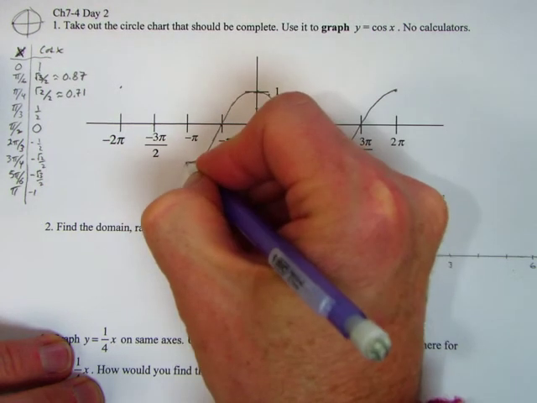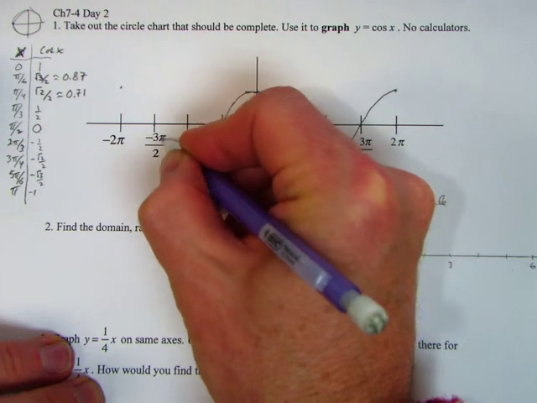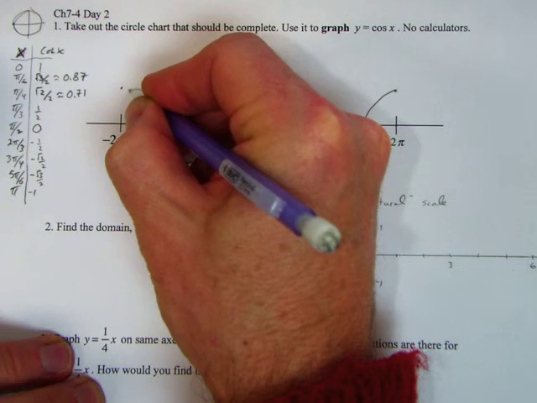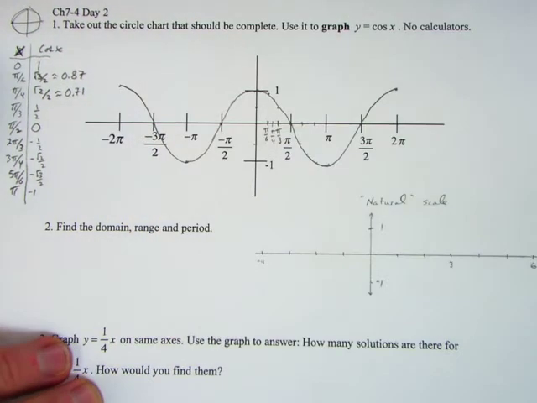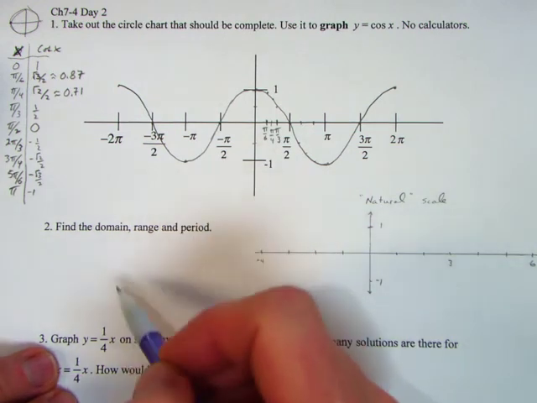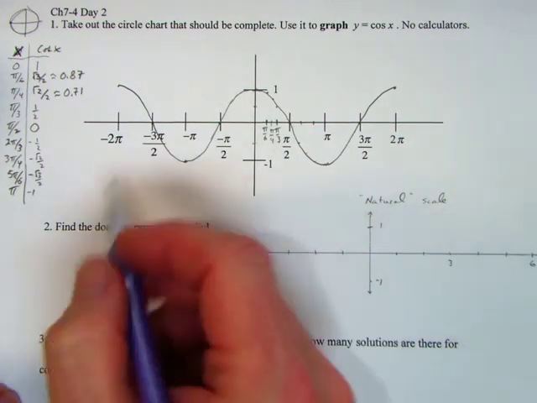And we just, at this point, kind of connect the dots. I'm planning on showing you in class doing this on the computer, and you'll see a pretty neat way that it's done.